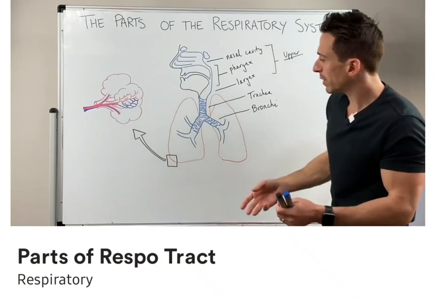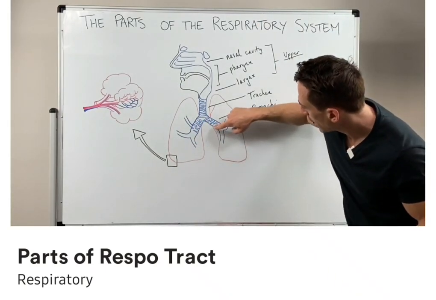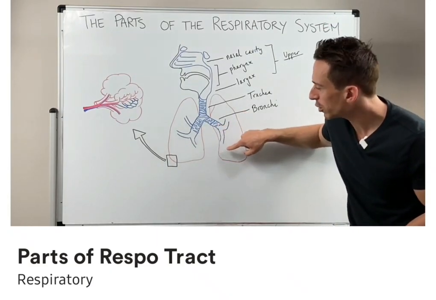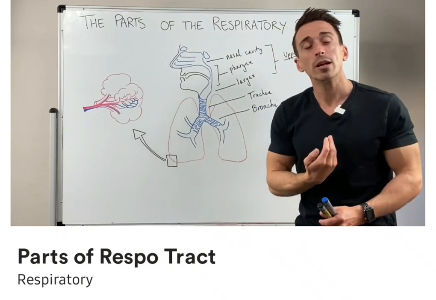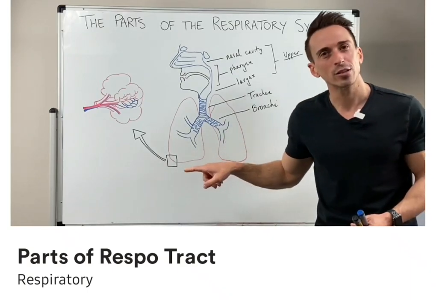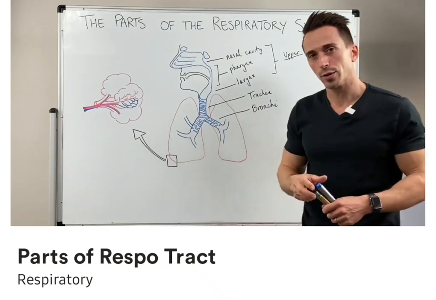Now the question probably is, why 3 on this side and why 2 on this side? It's because there's a little cut out of the lungs that you can see here, and this is called the cardiac notch, because our heart sits a little bit to the left and we need to make room for the heart. So there's a little bit less lung on the left hand side and therefore less room for lobes, and so there's only 2 lobes on that side.